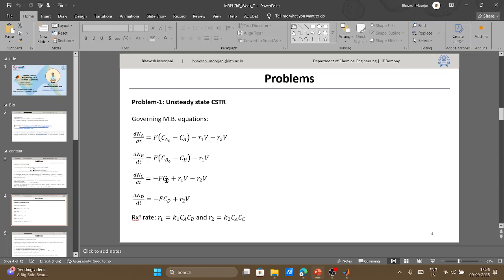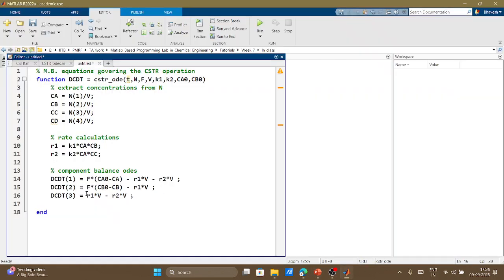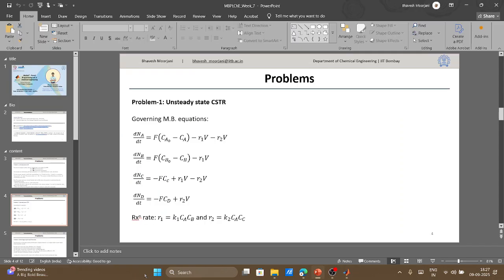So generation minus disappearance and then output. And then your last term, the ODE for the fourth component D: minus F Cd. D is produced in the second reaction, right? So plus R2V. So all the equations are correct here, you can see.